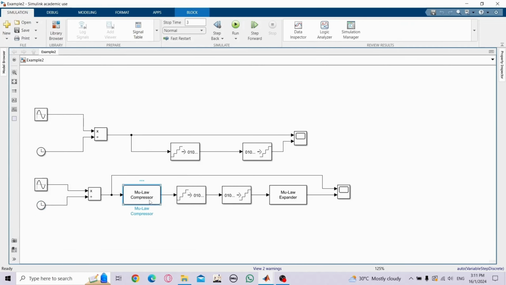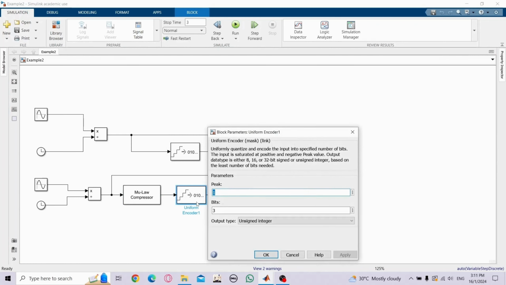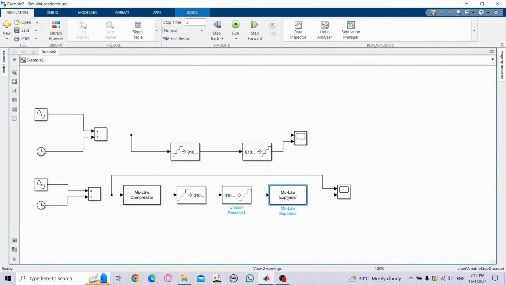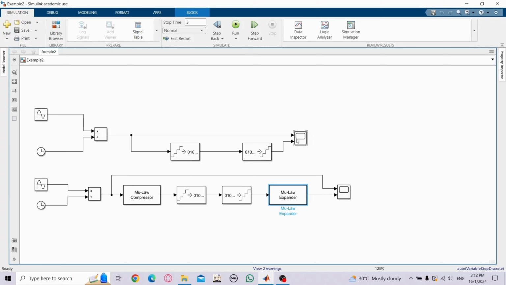Decimation is 10. The mu-law compressor has a mu value of 255 and the peak is 1. On the encoder, the peak is 1 and bit is 3. And for the decoder, peak 1 and bit 3. The mu-law expander is the same as the compressor, 255 mu value and peak signal is 1. And then run it.